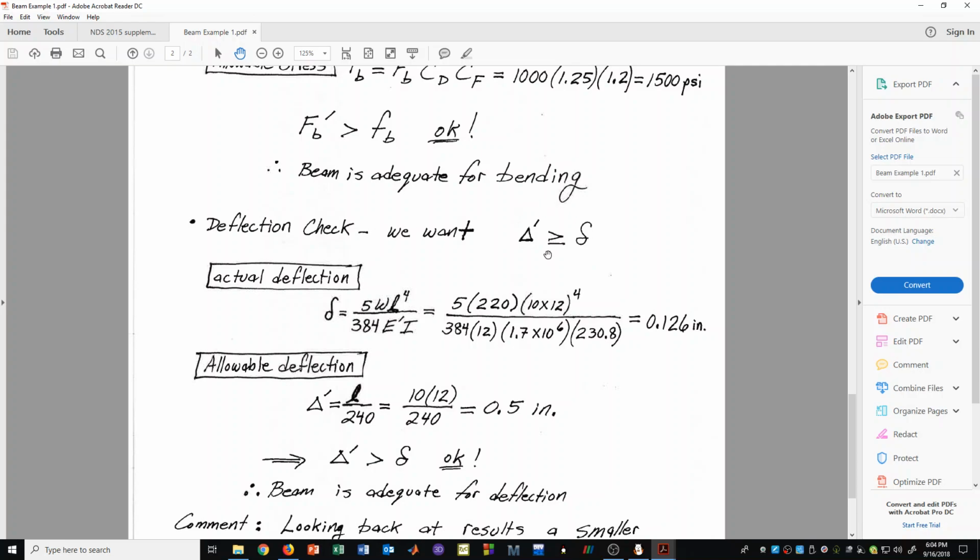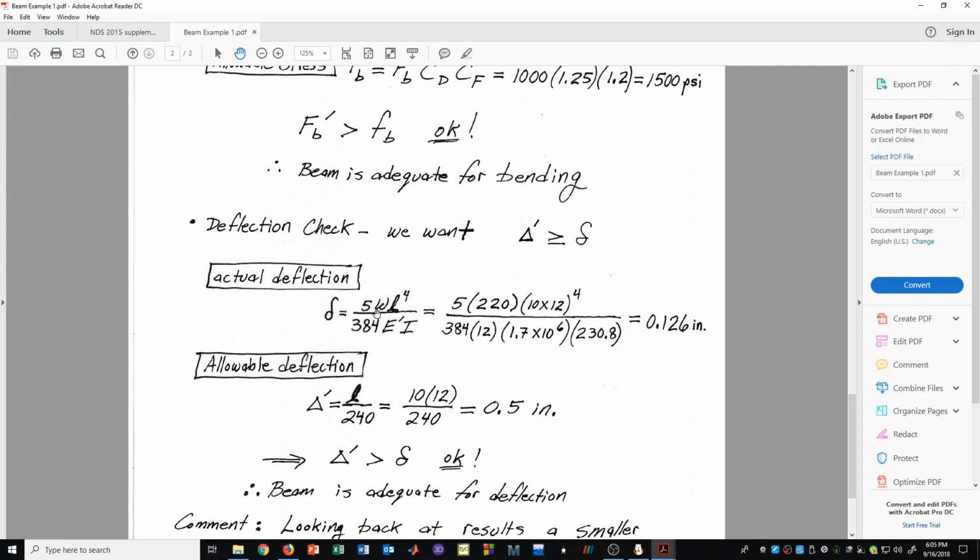You may not see other people write it this way, but I'm trying to have a capital delta with a prime on it to indicate that this is in the same form as allowable stress design, where the left-hand side is the value that is allowed and the right-hand side is the value that is actually being caused by the applied forces. So first, we'll calculate the actual deflection.